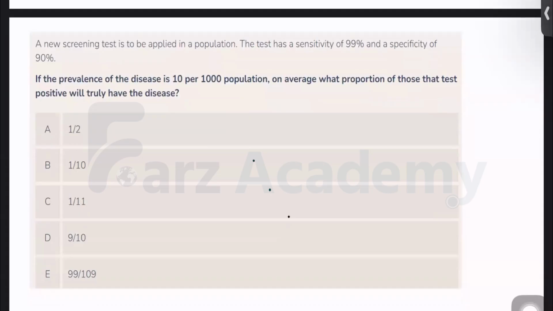Next. E. One. 99 upon 1 minus 90. Answer?